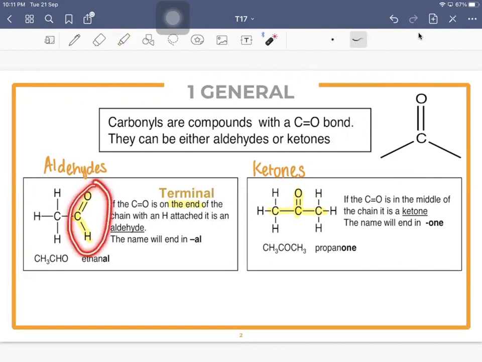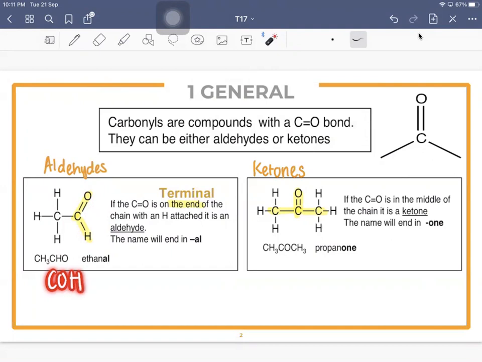For aldehyde, it's CHO. That's why you notice that sometimes in the structural formula, we tend to write down the functional group of aldehyde as CHO, and we avoid writing it as COH instead. It's not wrong, but COH looks like the functional group for alcohol.